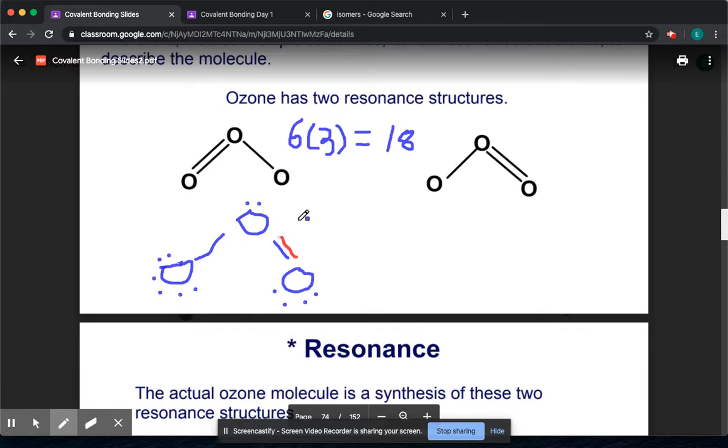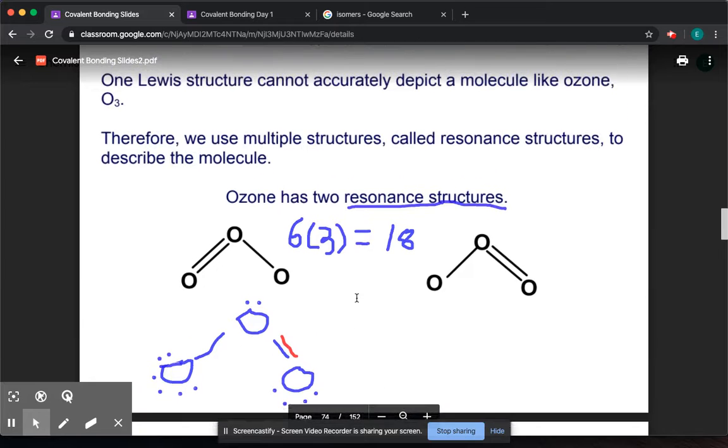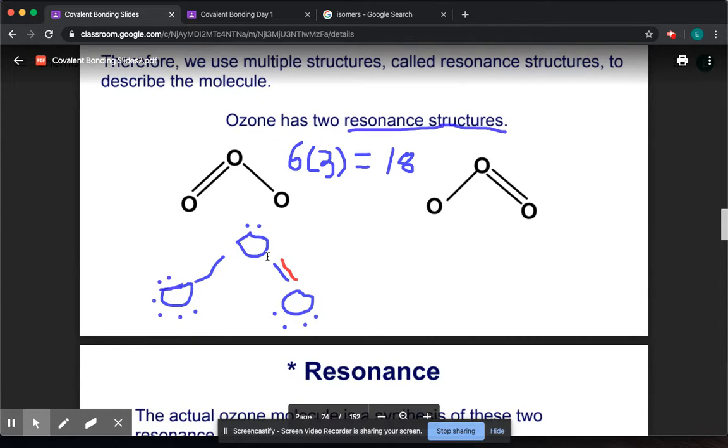When you have an atom or a molecule that can do that, you say that it has resonance structures. In this case, ozone, which is O3, has 2 resonance structures. It's either this one with the double bond on the right, or this one where the double bond is on the left. Now, the electrons are not hopping back and forth in real life.